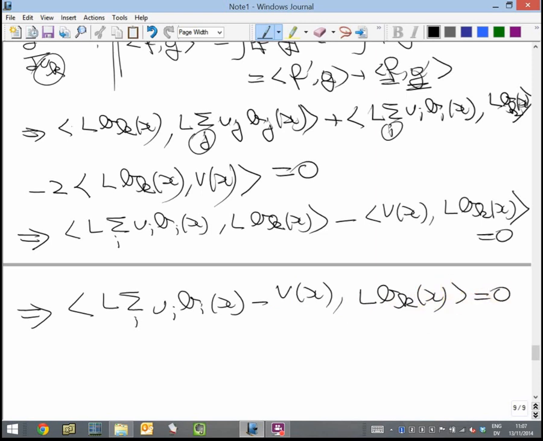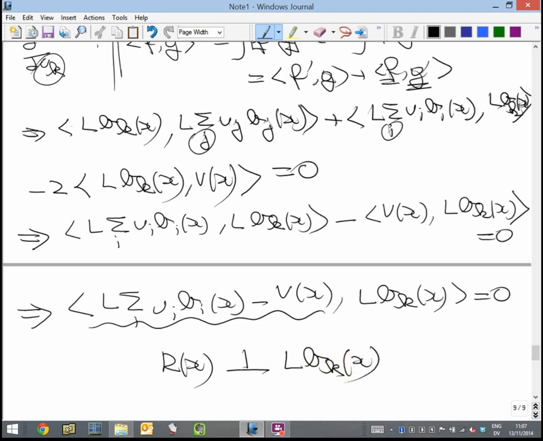What this actually means is that our residual, because this thing is nothing more, nothing less than our residual, is orthogonal to L b_k. And this is precisely the method of weighted residuals, right? We started out by minimizing the energy in the residual.